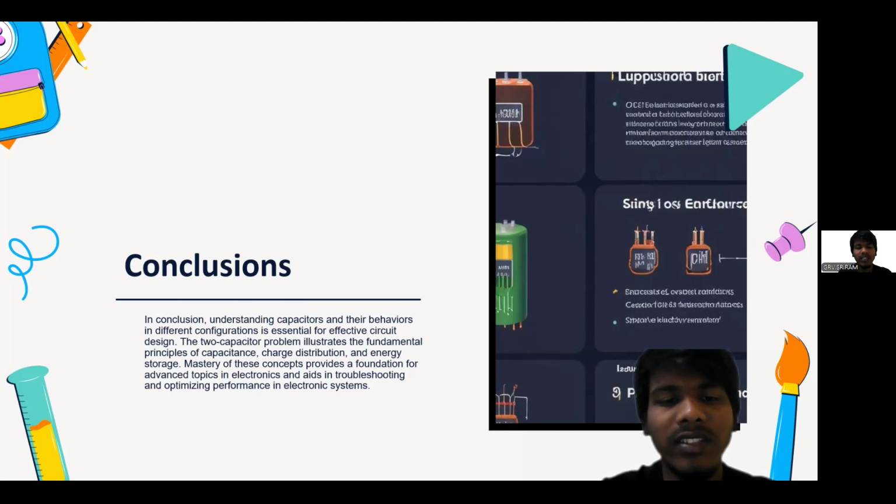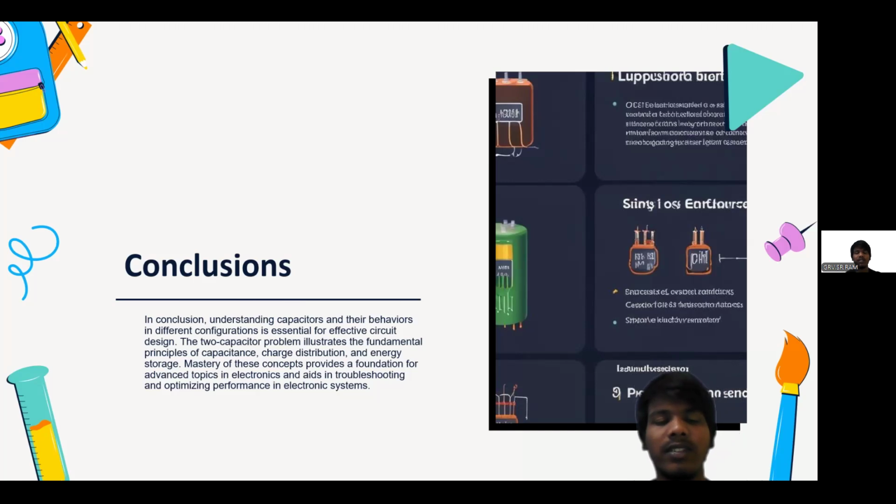Advancements. Ongoing research and development are leading to capacitors with higher energy densities, better performance, and smaller sizes, catering to the demands of modern electronics and renewable energy systems.